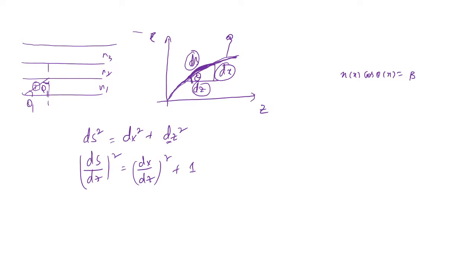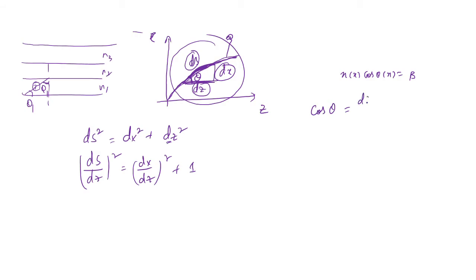Now if you look at the figure here, write what cosine theta is in this figure. Cosine theta is the adjacent side, dz, divided by the hypotenuse, which is ds. So I can write ds by dz as 1 over cosine theta. But we also know from what we have derived for an inhomogeneous medium that n times cosine theta is equal to beta.